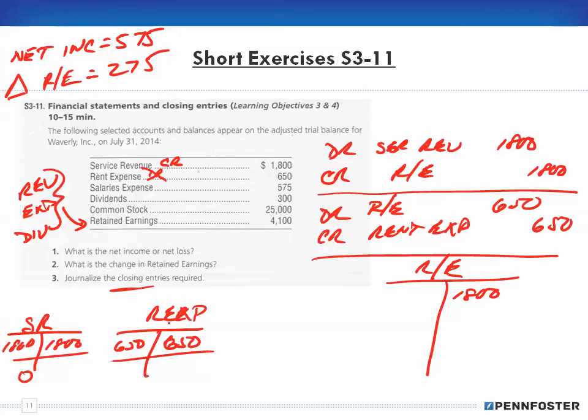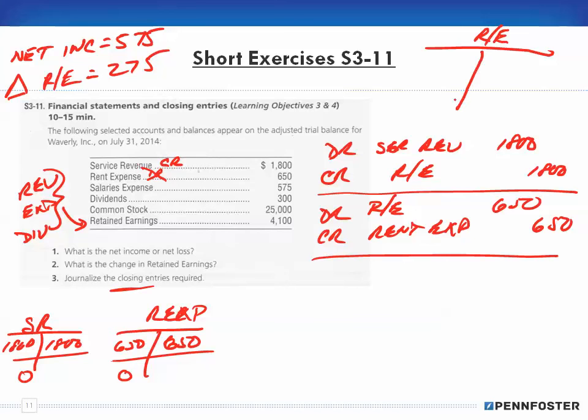So by crediting rent expense for $650, my balance in rent expense is 0, and my debit goes over into the retained earnings for $650. Let me erase this and put it up here. So retained earnings, and I had 1,800 and 650. Okay, so the next one that we have to do here is salary expense.